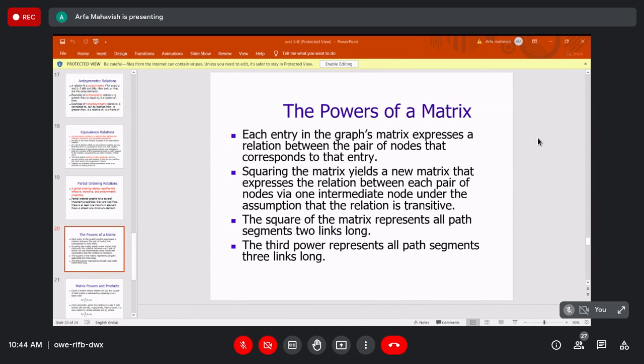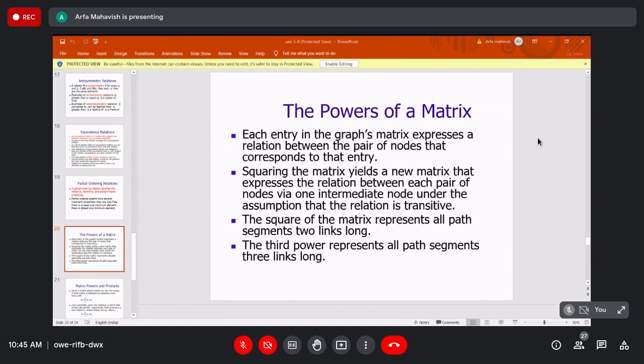On squaring a matrix, we get a new matrix that expresses the relation between each pair of nodes under the assumption that the relation is transitive. The square of a matrix represents all path segments two links long. The cube represents all path segments three links long.